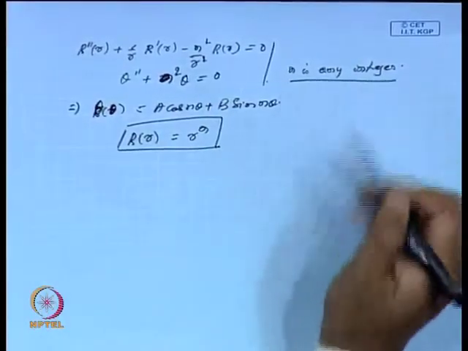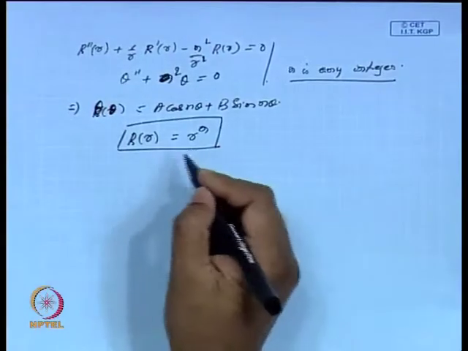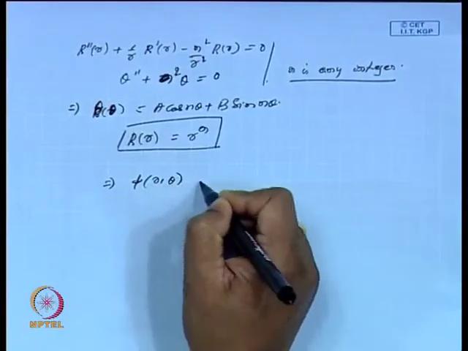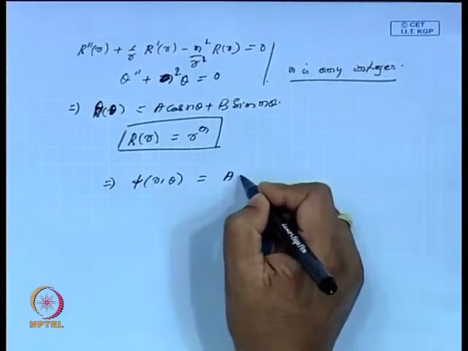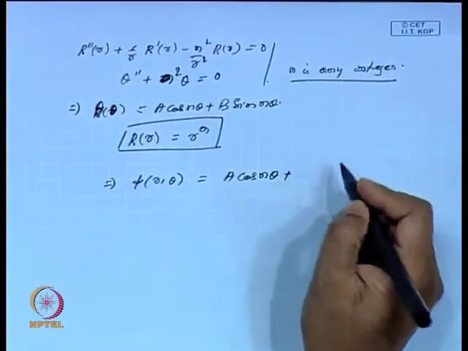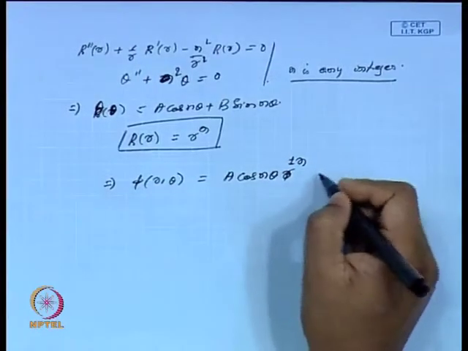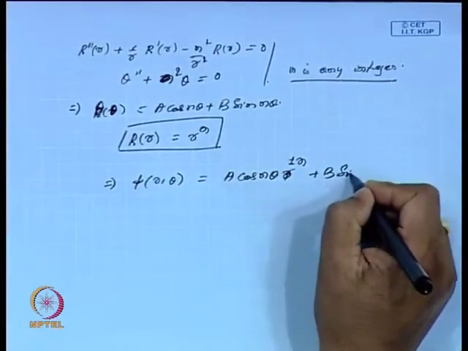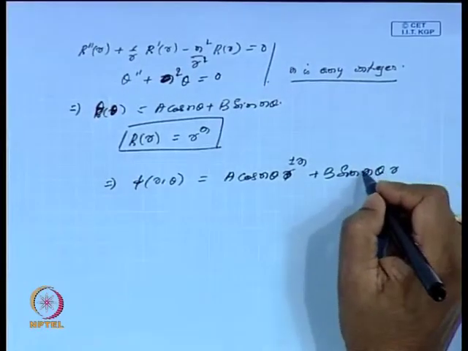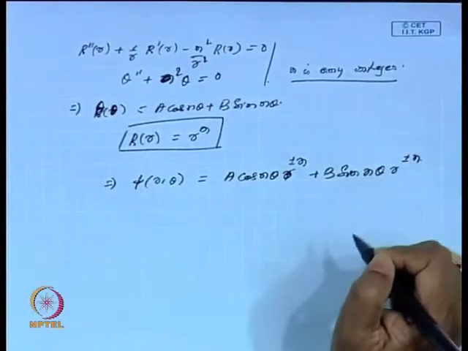So, n is an integer, if n is not equal to 0, then it can be positive or negative. So, I can get my phi of r, theta is of this form, a cos n theta r to the power plus minus n plus b sin n theta r to the power plus minus n.